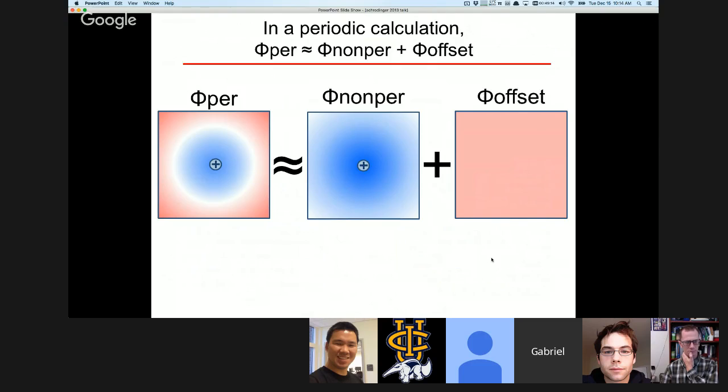The idea is that if you add this light shade of pink on the right to the spatially varying potential caused by the charge, then the sum of these two would add up to 0, giving you your zero average potential, which is the constraint of the system drawn on the left. So if you could calculate your non-periodic potential, then you know what the offset potential has to be to give the potential in the system on the left, which is going to average 0 over the entire thing.